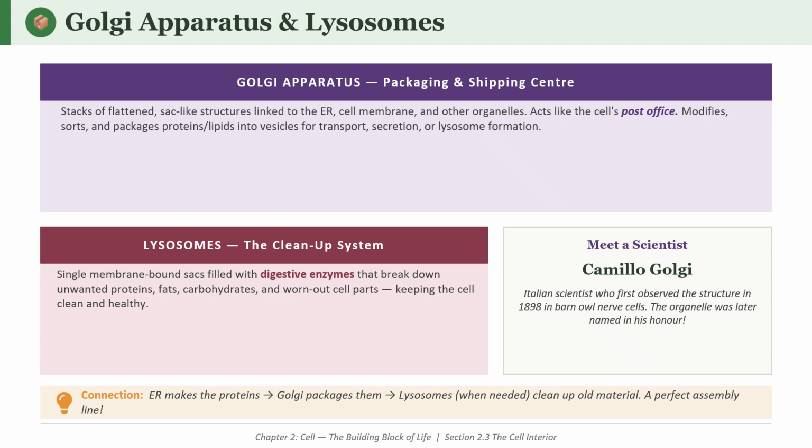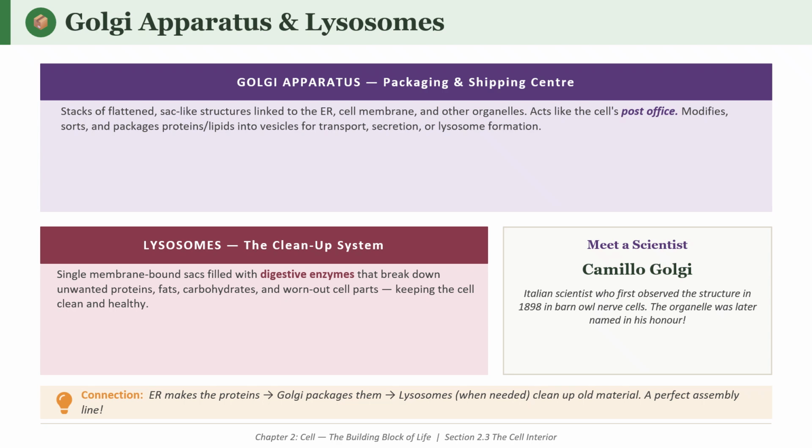Golgi apparatus and lysosomes. The Golgi apparatus, we can call the packaging center. It consists of flattened sacs. It receives proteins and lipids from the endoplasmic reticulum. Then it modifies the proteins, packages these materials and sends them to different parts of the cell. And lastly, it forms lysosomes.